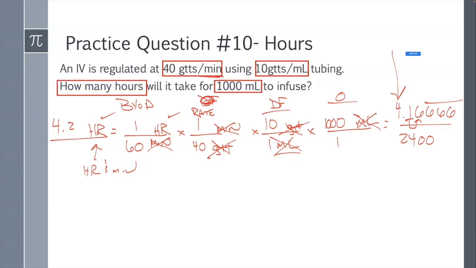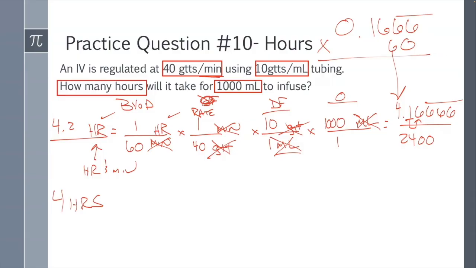If we had to solve this for hours and minutes, all we're going to do is take the whole number, which is 4. So that would be 4 hours. And then what we had remaining was the 0.1666, repeating forever. What we do is we take that number and multiply it by 60, and that will tell me how many minutes I have.